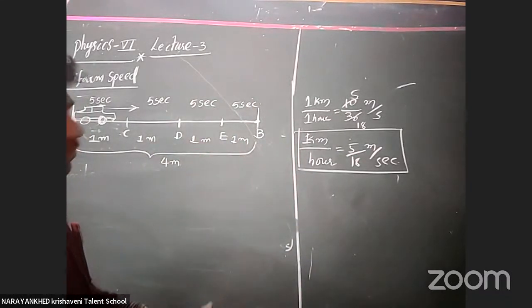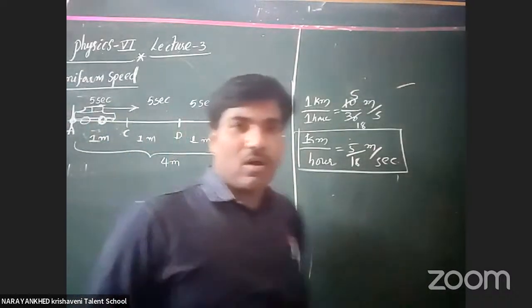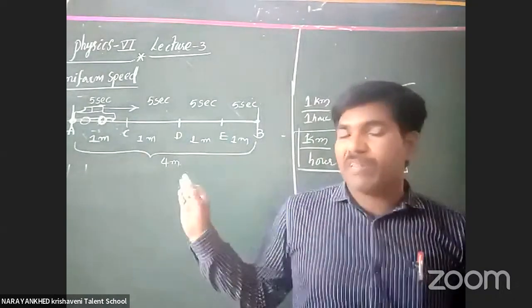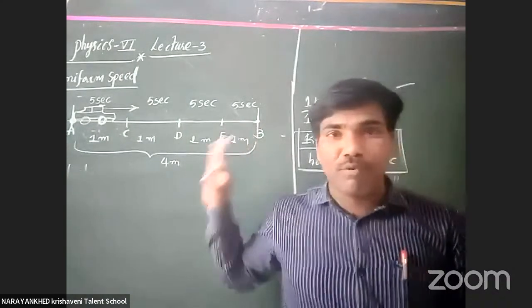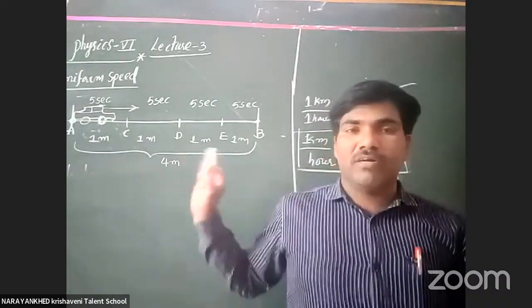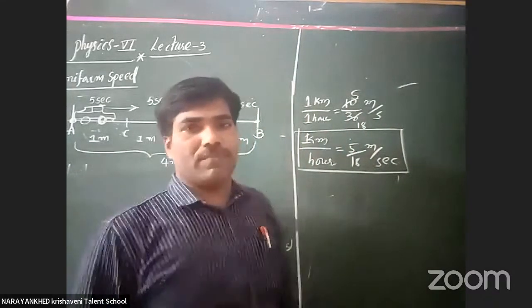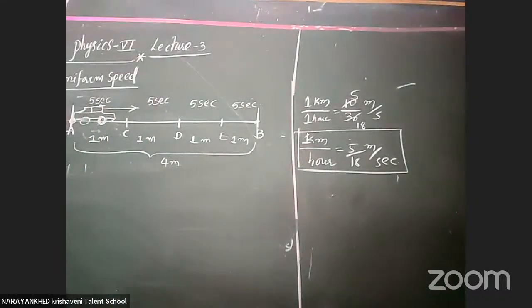When the body is moving like that, it is called uniform speed. It is also called uniform motion. When the body is moving like that, that motion is called uniform motion. Got it or not?